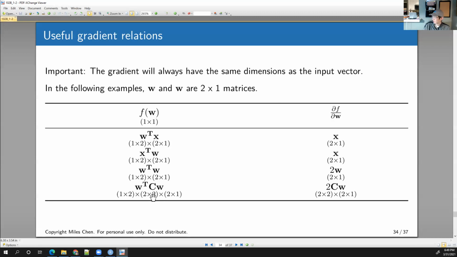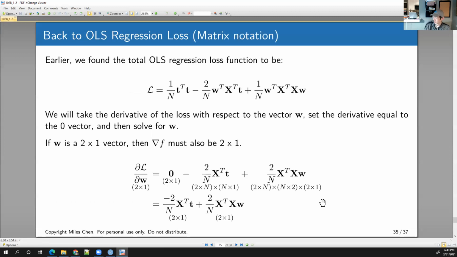C needs to be symmetric. I'm trying to think here. It needs to be 2 by 2. I'm wondering if it needs to be symmetric or not. Let me get back to you on that.